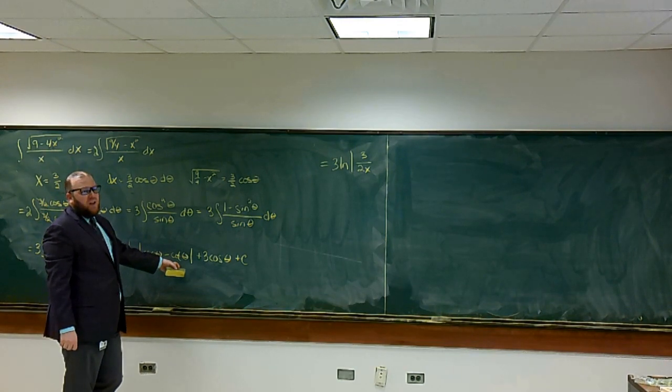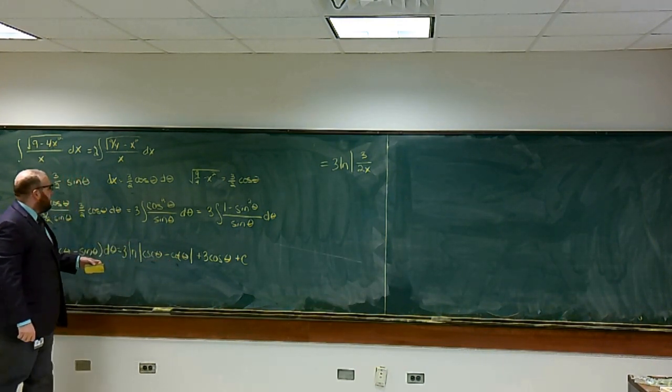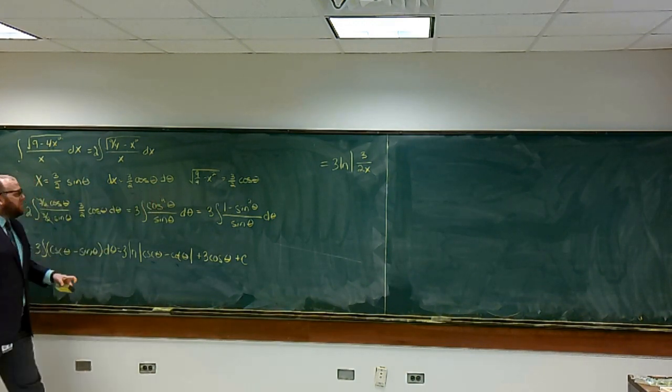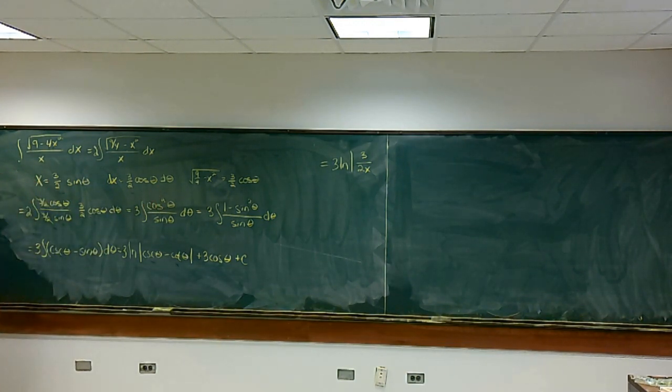Cotangent is cosine over sine. Cosine is 2/3 the square root, and sine is 2/3 of x, so the 2/3 are going to wind up canceling out.